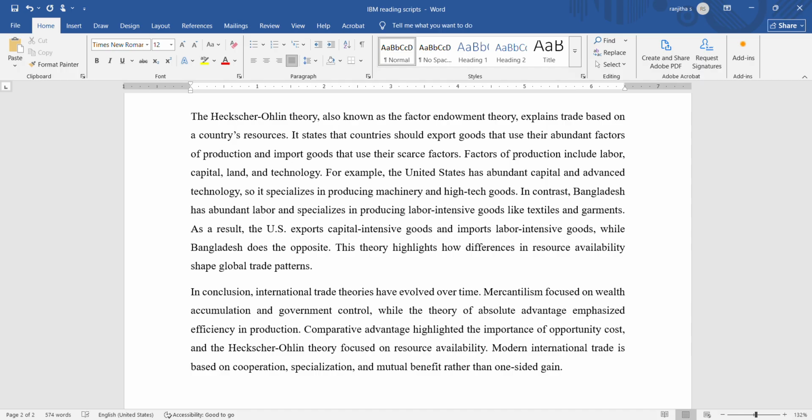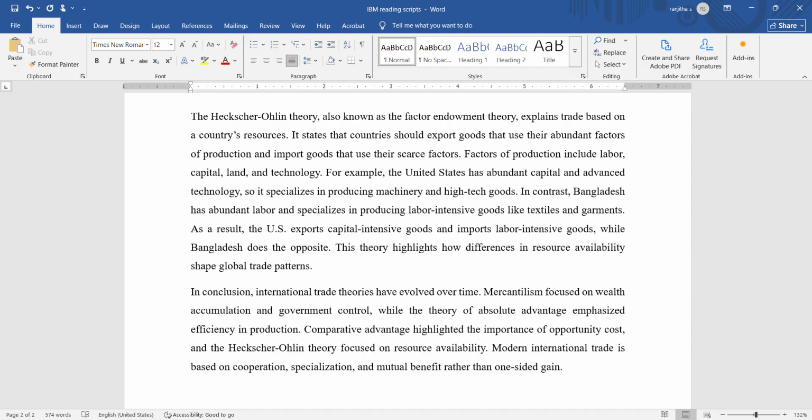As a result, the United States exports capital-intensive goods and imports labor-intensive goods, while Bangladesh does the opposite. This theory highlights how differences in resource availability shape global trade patterns.